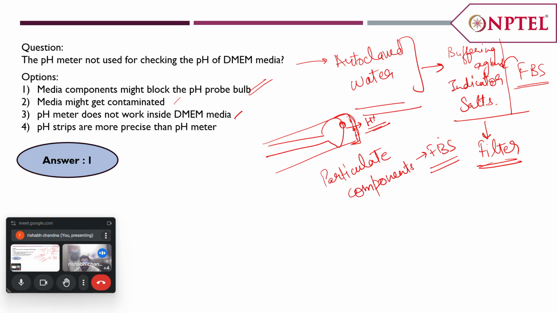So if we have FBS kind of structure, then it will go and get stuck in these pores. So what will happen? The probe bulb or the electrode that we are using will get clogged easily and will not get efficient readings from the medium. So that will not be possible to check the pH of that particular media.